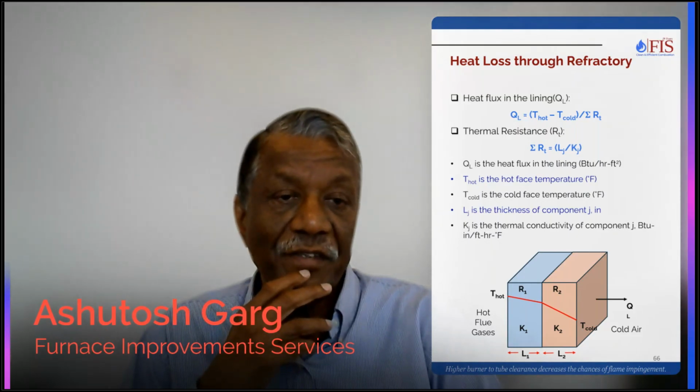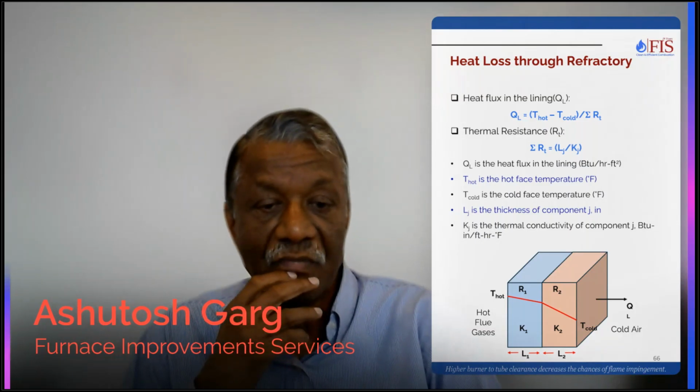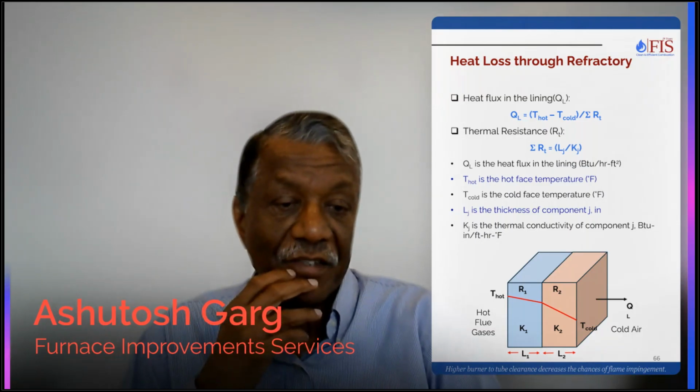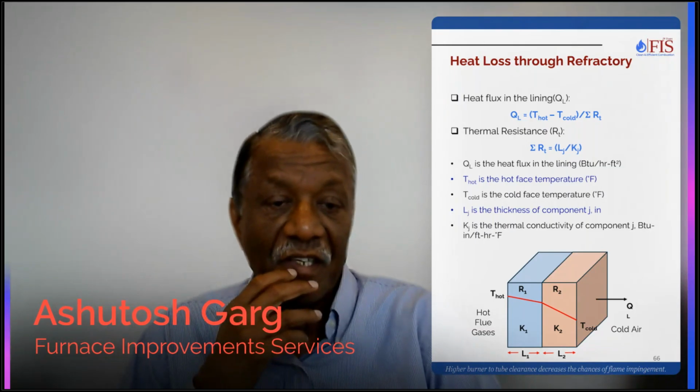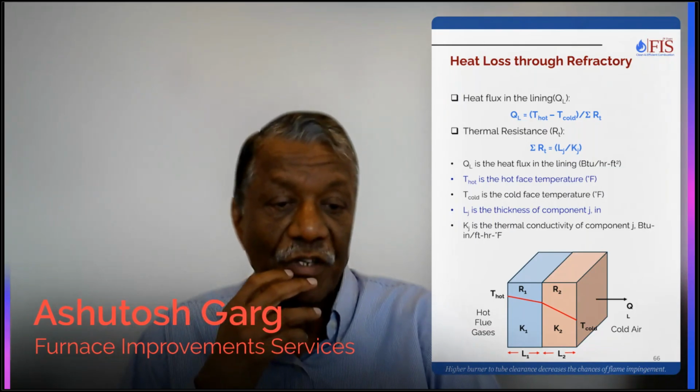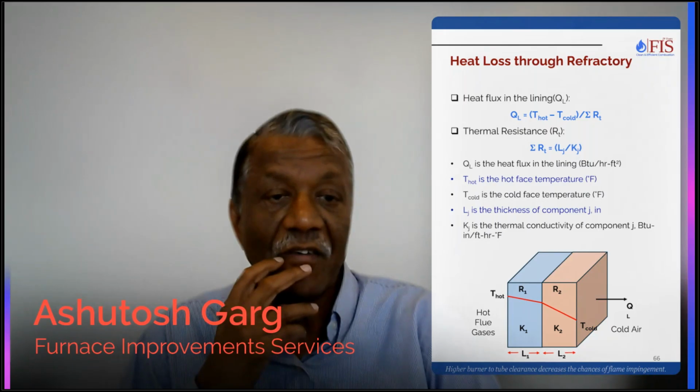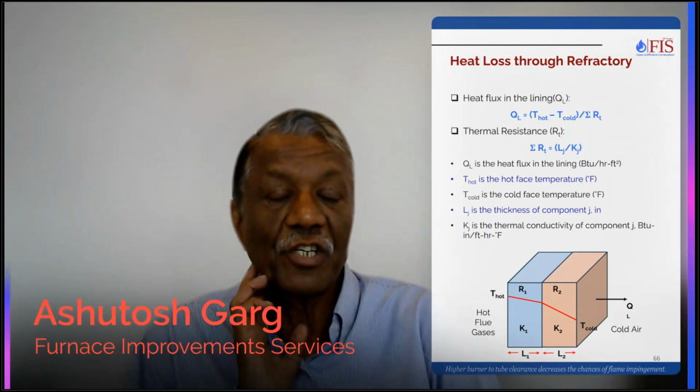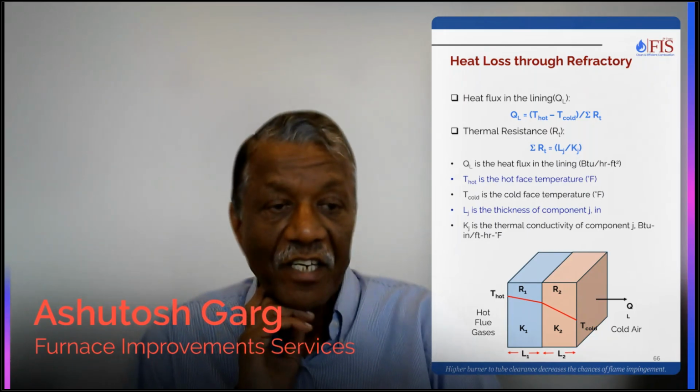This resistance is thickness divided by the thermal conductivity. So this is the hot flue gas, this is the cold face, R1, R2, you can see L1, L2. So basically, it's a very simple calculation inside the refractory.